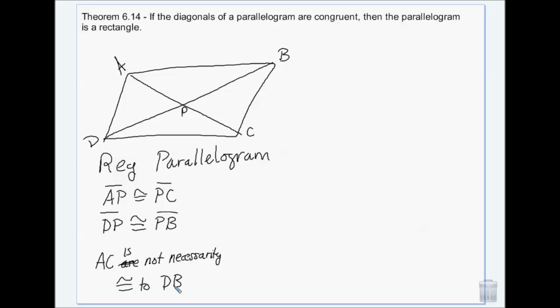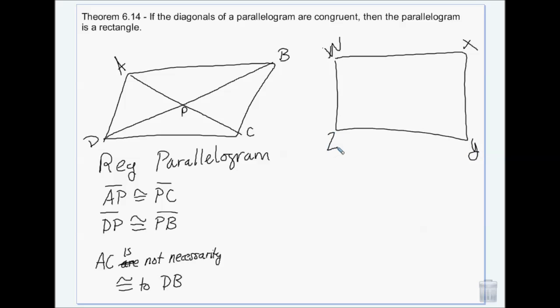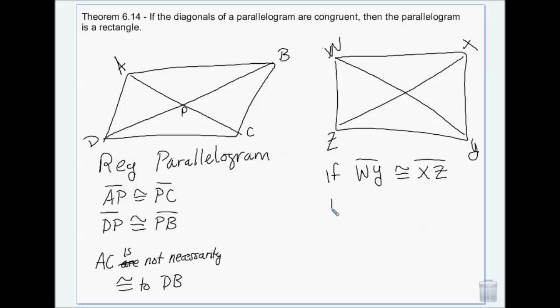But if we know they are congruent, so say W, X, Y, Z, if WY is congruent to XZ, it's a rectangle. So this is one of the ways you can tell if something is a rectangle or not. If your diagonals are congruent, you are a rectangle.